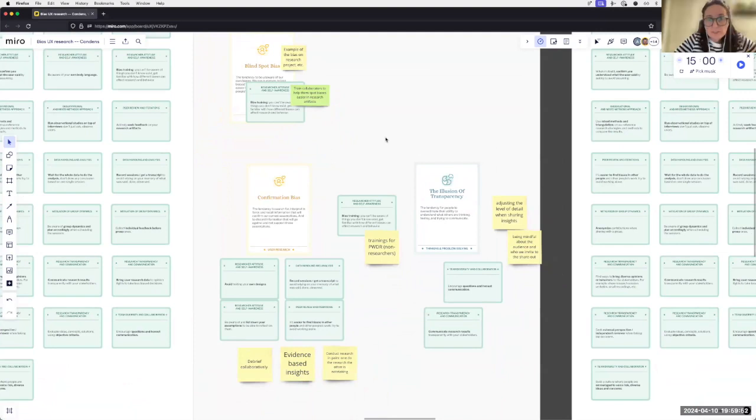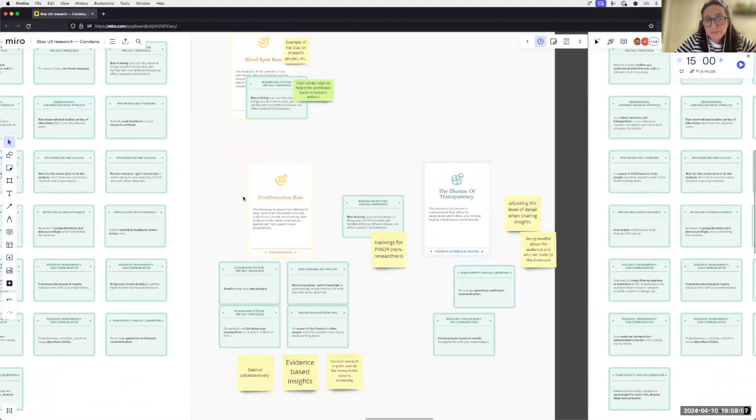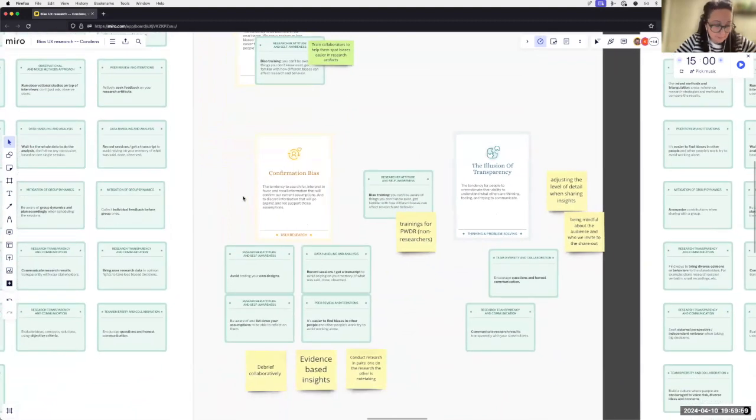We will present the confirmation bias and the ideas that we have brainstormed. Apart from what was there already on the board, we thought about debriefing collaboratively about the session. It's a nice way to compare what we have learned and how we understand the learning.